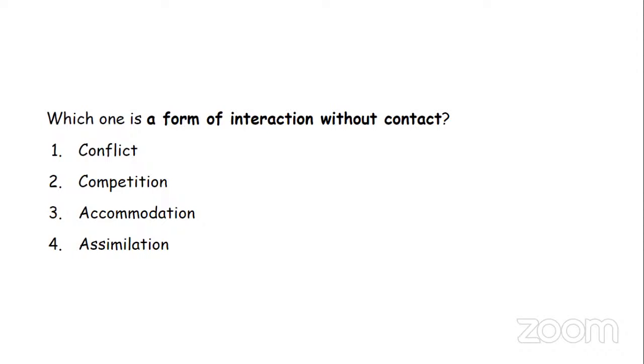Among these forms of interaction, which one is a type of interaction without any contact? Okay, let's check the answer. The right answer is competition. So competition is a form of interaction without any contact. In competition, there is no contact.